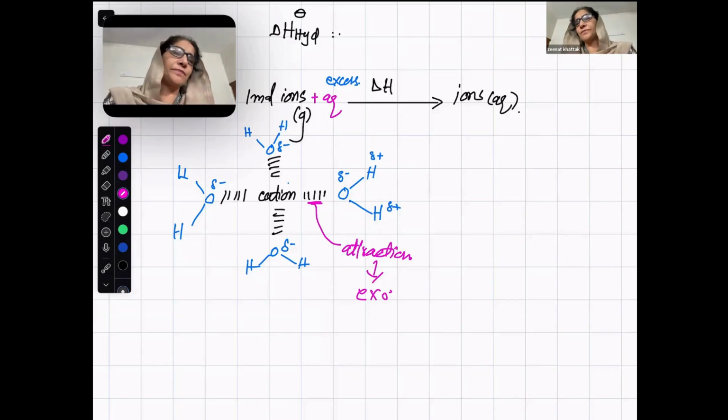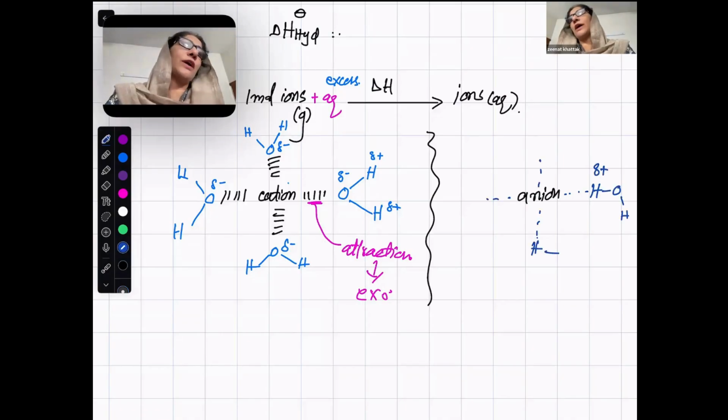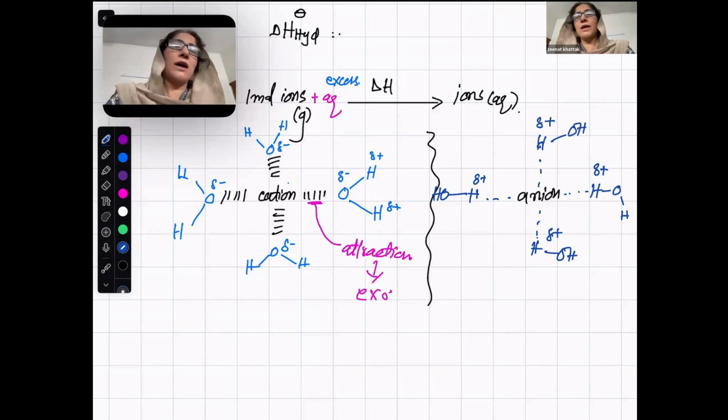Look, if I put anion in water, any anion, what is going to attract the anion in water? The H positive. The H positive. So each ion should be fully surrounded by water.